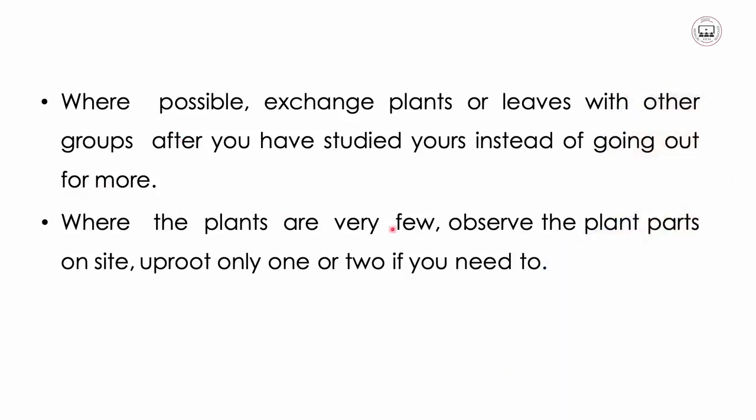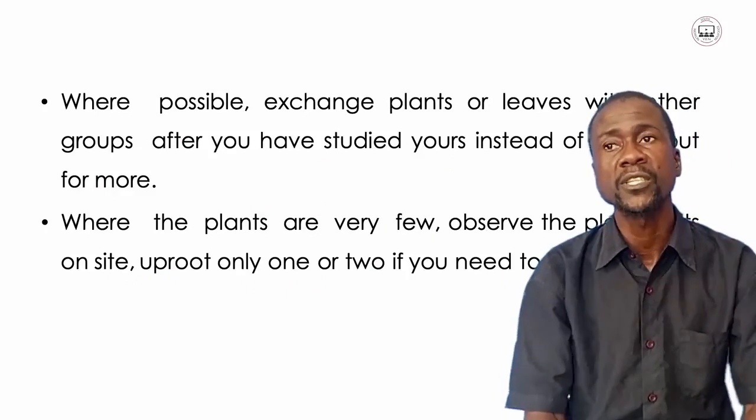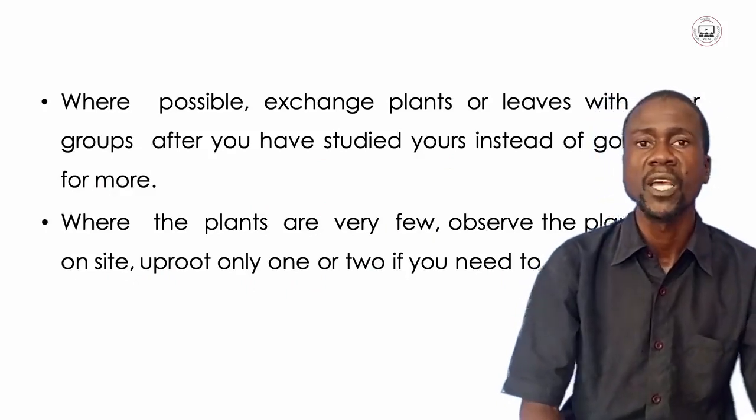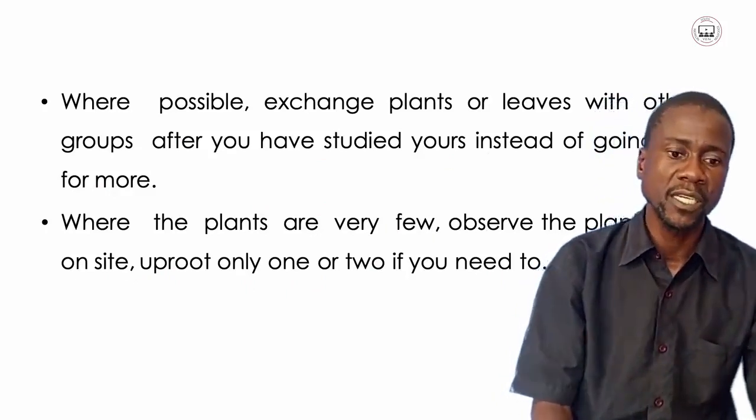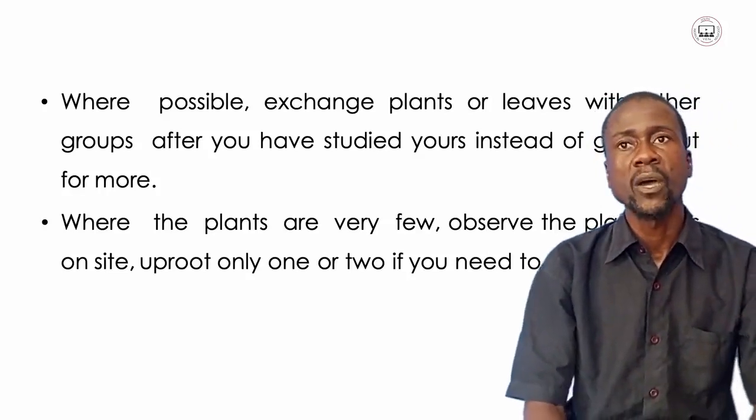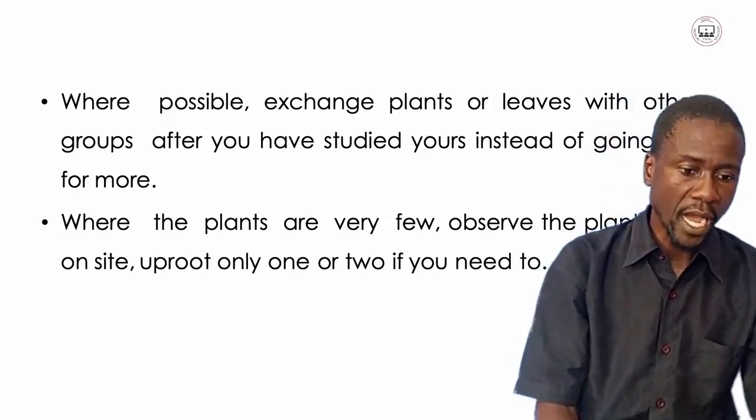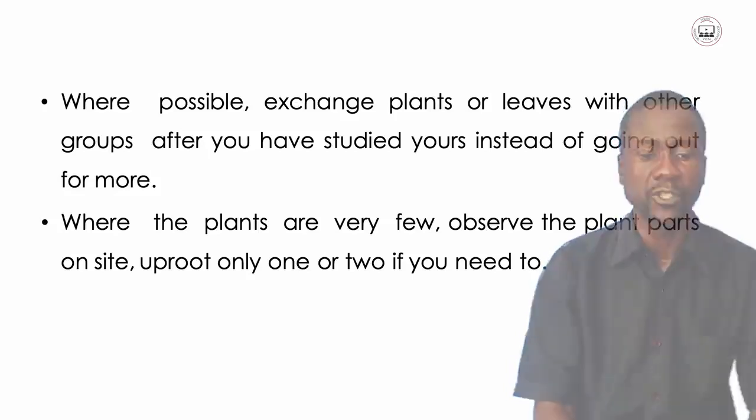Where plants are very few, observe the plant on site, and uproot only one or two if you need to. If your school has very few plants, study the required parts on the same plant, or uproot only one or two if you need to.